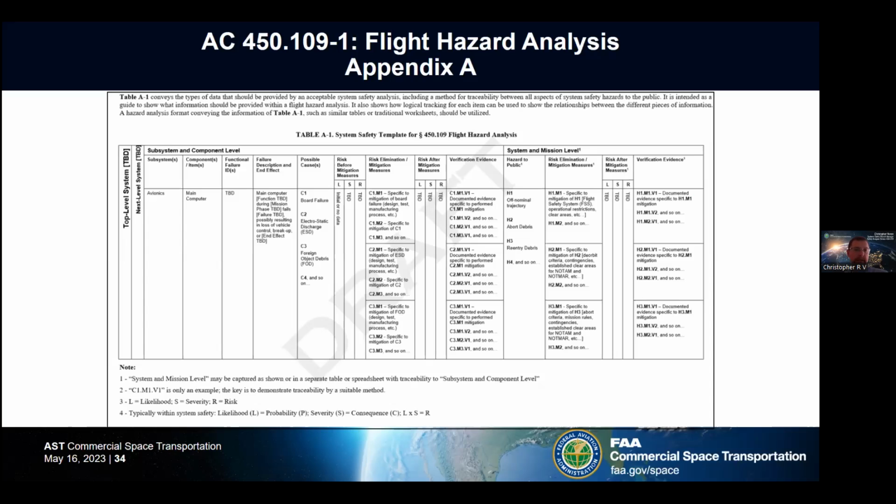And this was discussed earlier in this presentation, where we walked through how the data of the flight hazard analysis is documented.